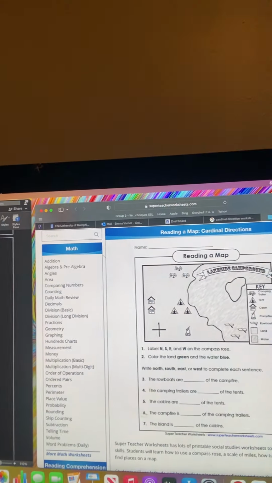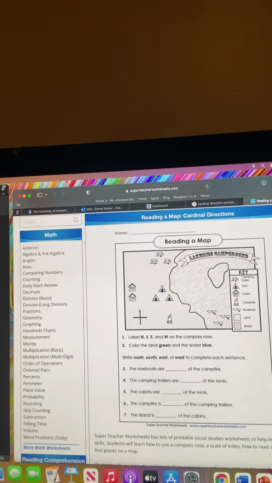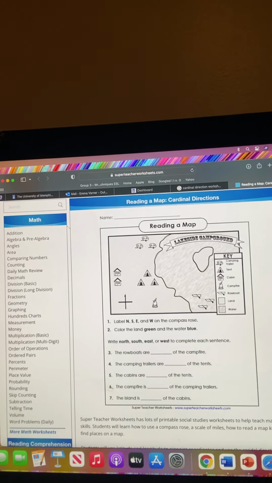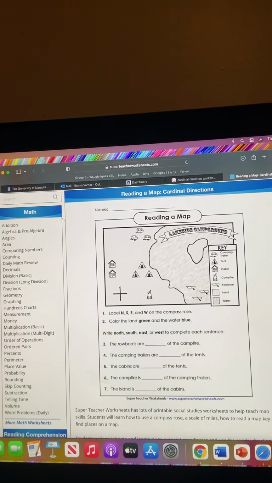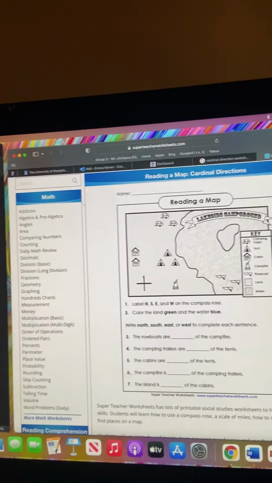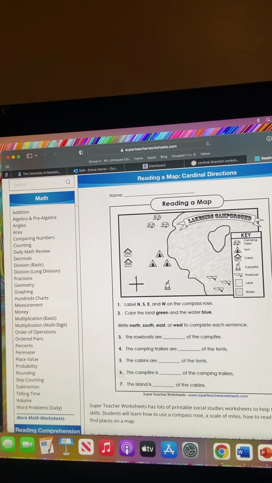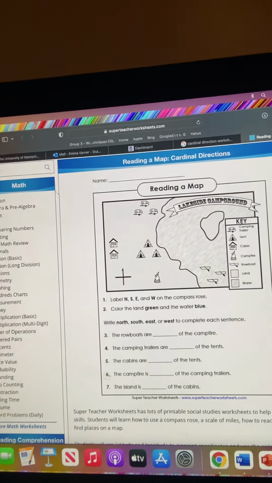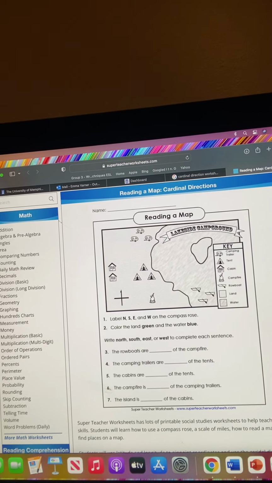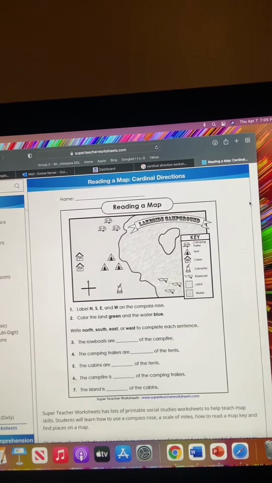I don't think I could flip this around, so I hope we can see it. For example, the first question is label north, south, east, and west on the compass rose. And then as you go down, for example, question number 3, the rowboats are blank of the campfire.